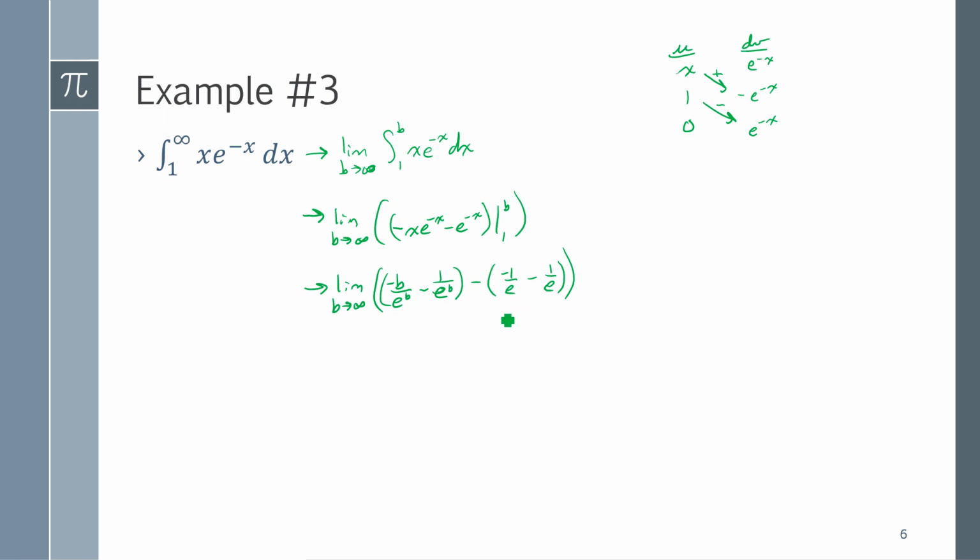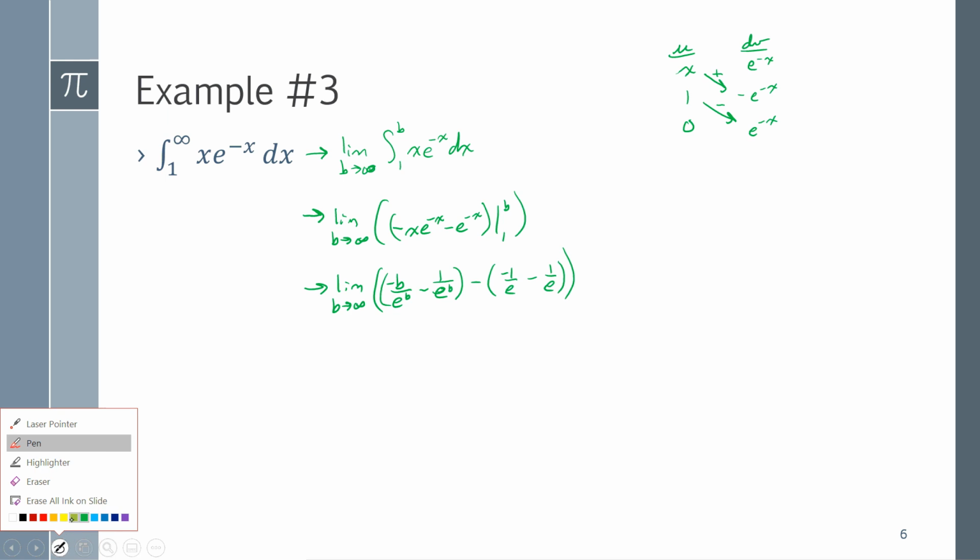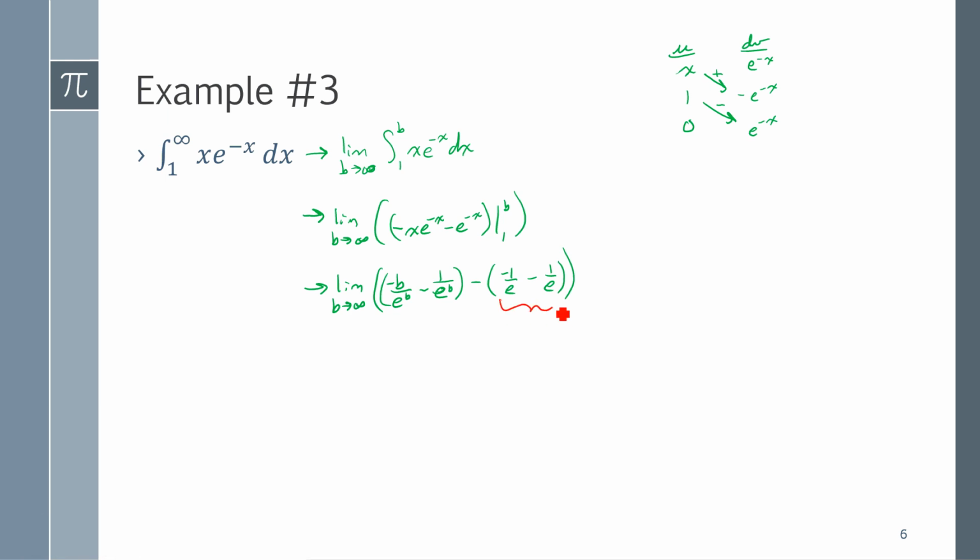So the 1 over e parts, that's going towards negative 2 over e, subtracting it. Here, 1 over e to the b, as b is going to infinity, I have 1 over something getting larger and larger, so that's going to 0.